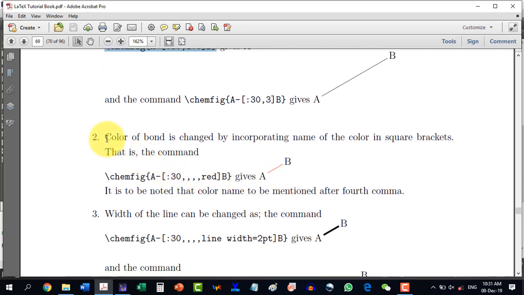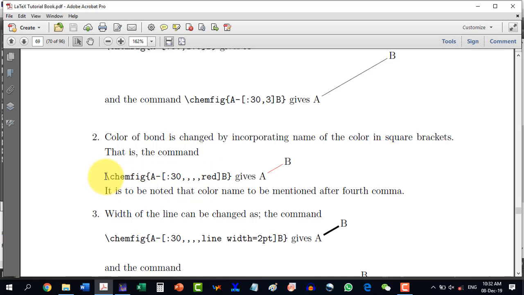In order to change the color of the bond line, we will have to use this command. The bond, the angle is here, then we will write 4 commas, and after 4 commas I will write red, so it will make this thing red. Now actually there are different options in these commas which we are running by default, but the last one we are changing from the default.